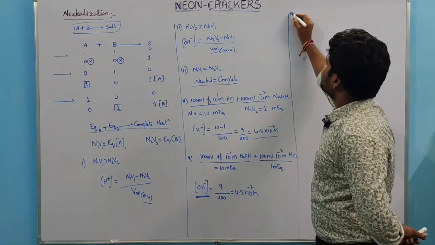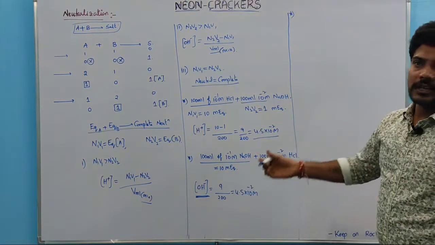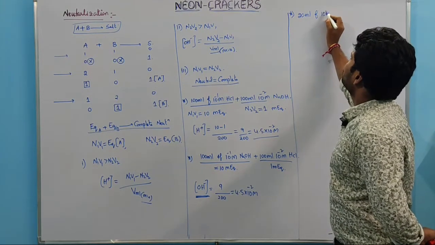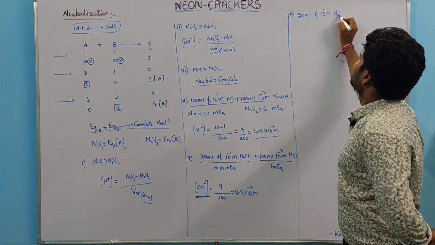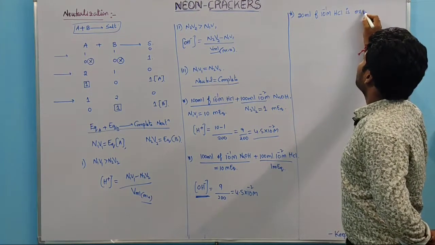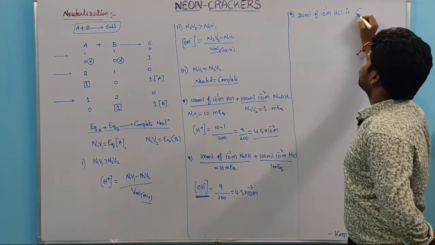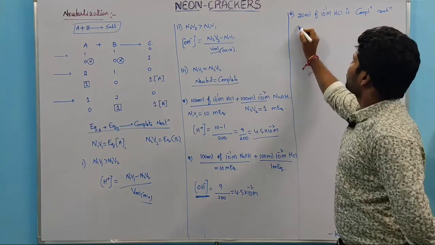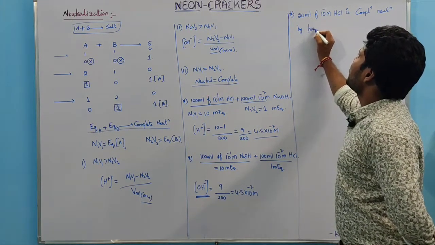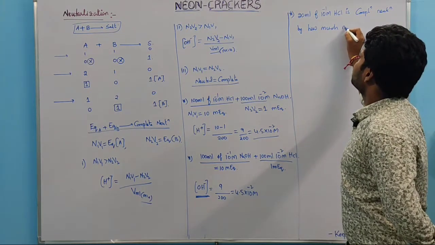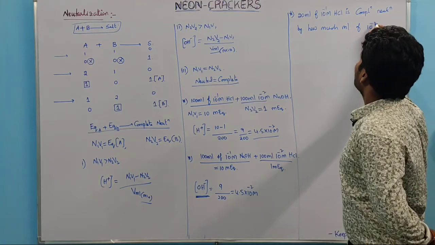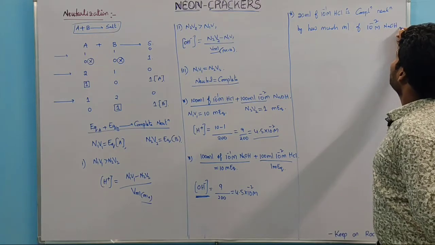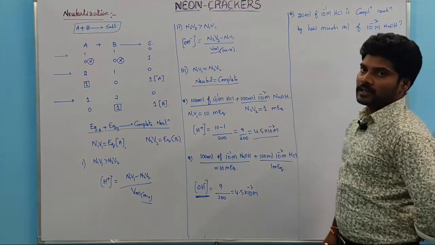Next one, if it is completely neutralized, how much ml is required? Suppose 20 ml of 10 to the power of minus 1 molar HCl is exactly, or completely, neutralized by how much ml of 10 to the power of minus 2 molar NaOH?